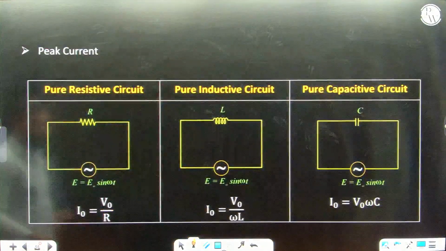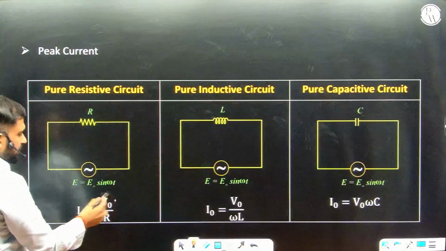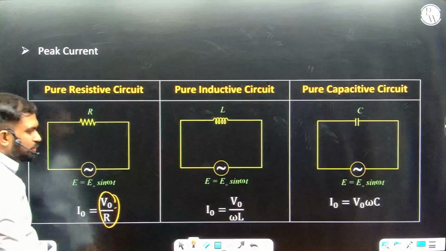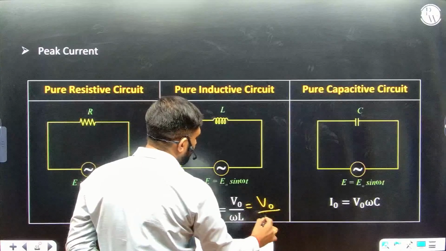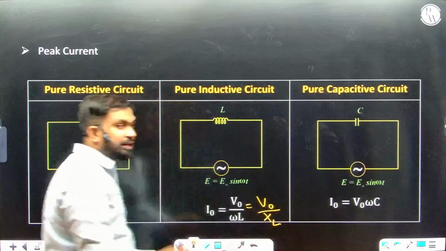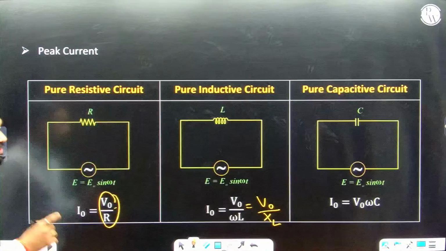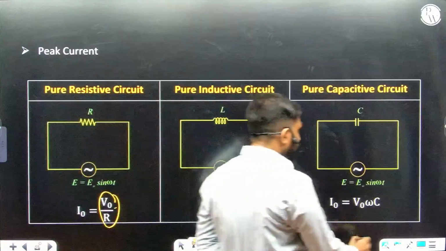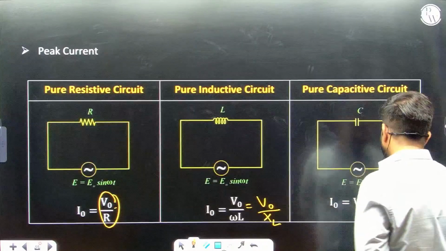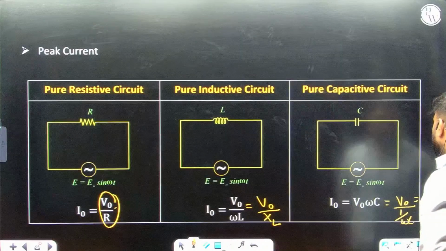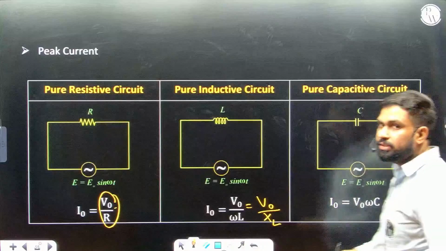Okay, the I naught will be V naught by R, the peak value. Here the I naught will be V naught by omega L. The omega L is the inductive reactance, the XL value of the circuit, while here it is V naught by 1 by omega C, technically speaking, and 1 by omega C is XC, the capacitive reactance.